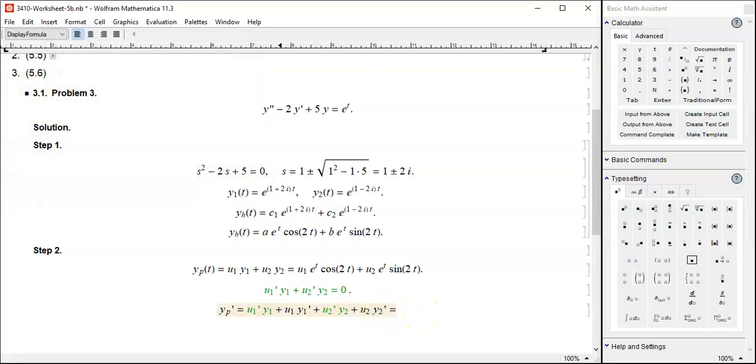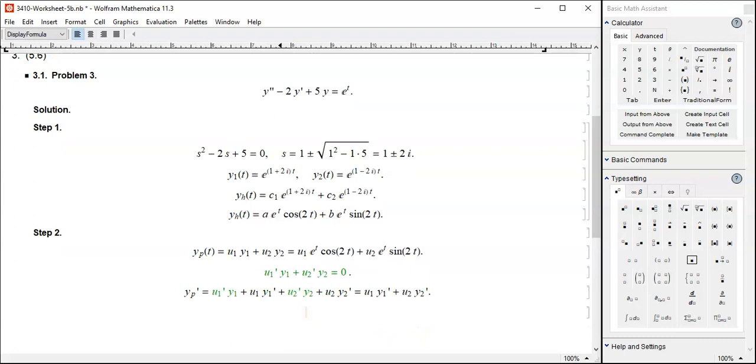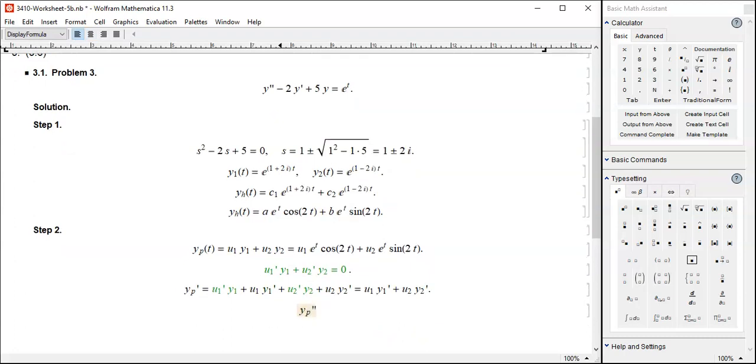So as usual, you're going to get u1 y1' plus u2 y2'. That's going to be your first derivative. How about the second derivative?